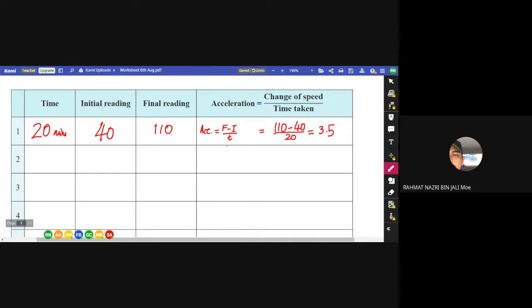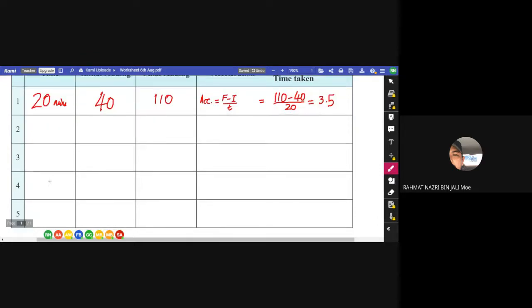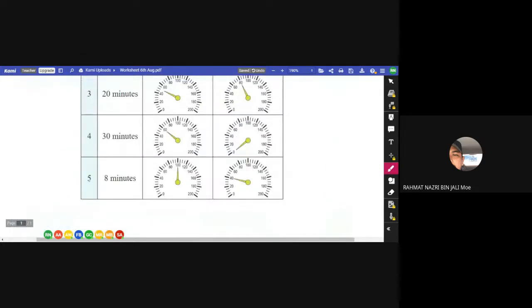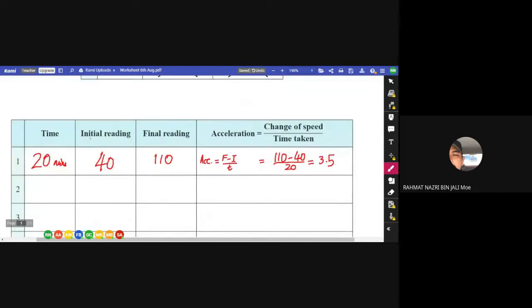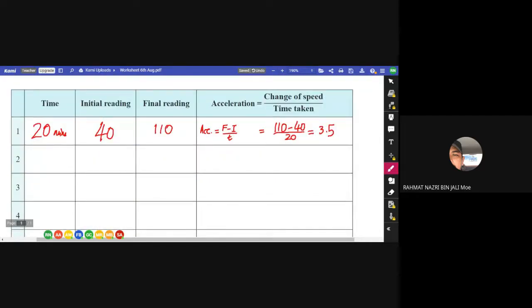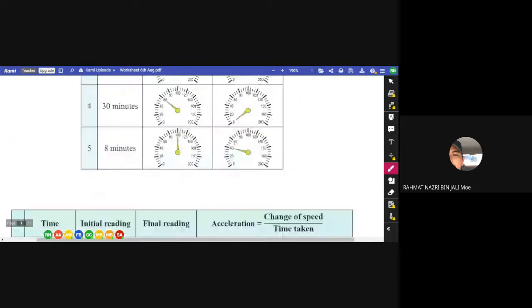Okay, volunteer. Boleh tolong saya complete for the second row, third, fourth, and fifth. Okay, go. Complete the table. Anyone? You can use this text box to complete.